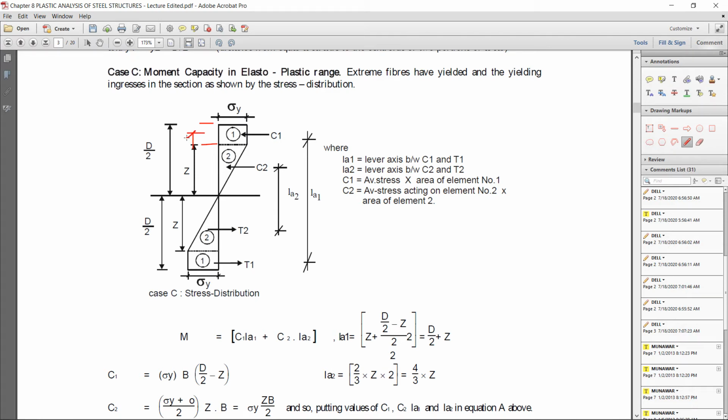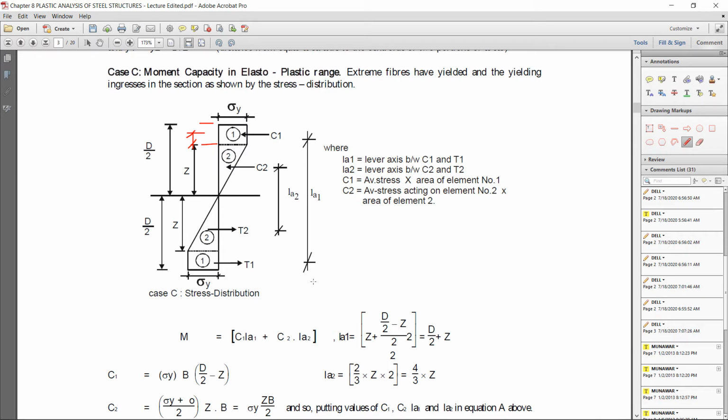So how is that calculated? This is clear, z. For the half of this, d by 2 minus z, we will get this depth, and divided by 2 we will get this center, this average.